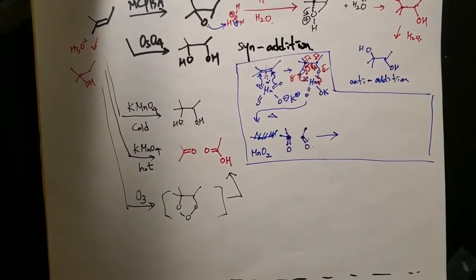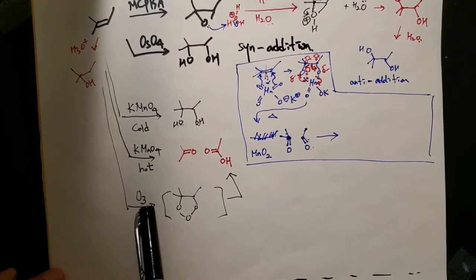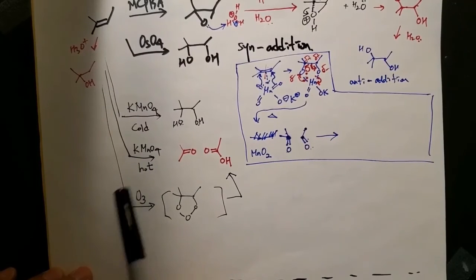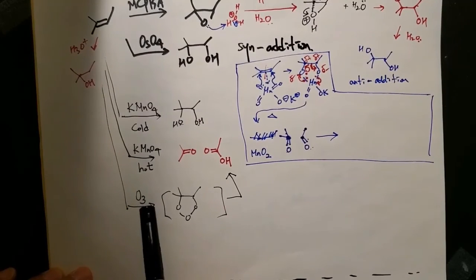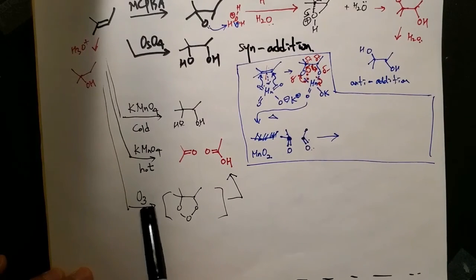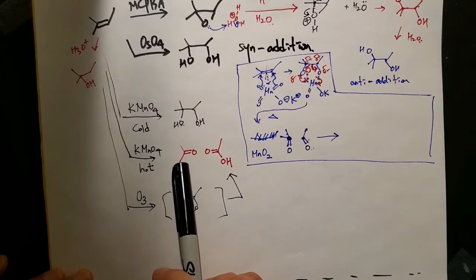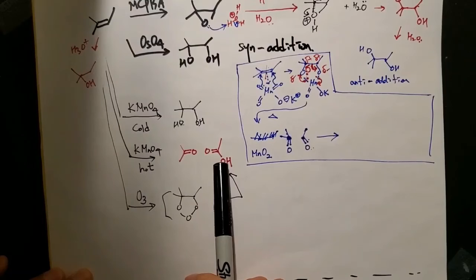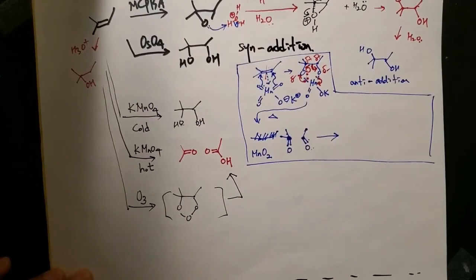I'm not going to do the detailed mechanism, but you can remember, just like hot KMnO4, ozone cuts the molecule in half where the double bond is, even a triple bond, and then you get the fragments.